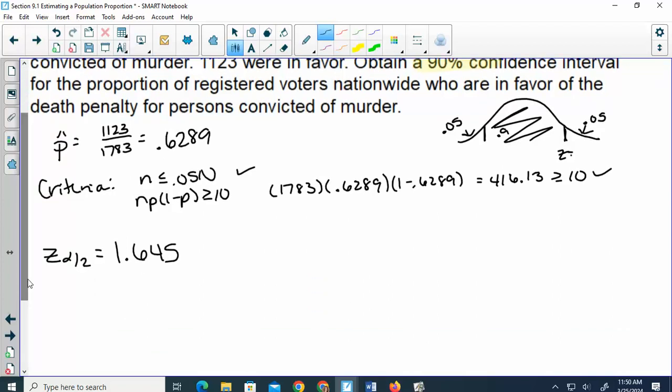All right, so my confidence interval, if we look at our formula, is p hat, which we got 0.62, is it 98 or 89? Did I transpose my digits? 98. Okay, I did up here. Sorry about that.